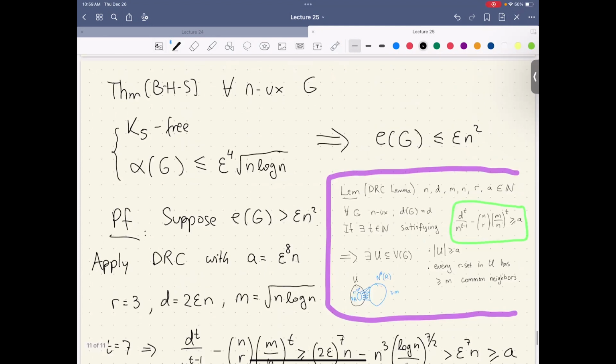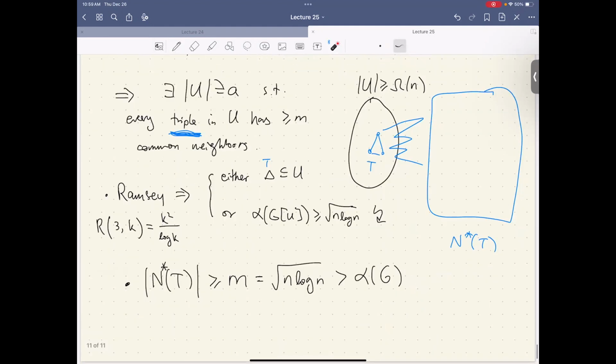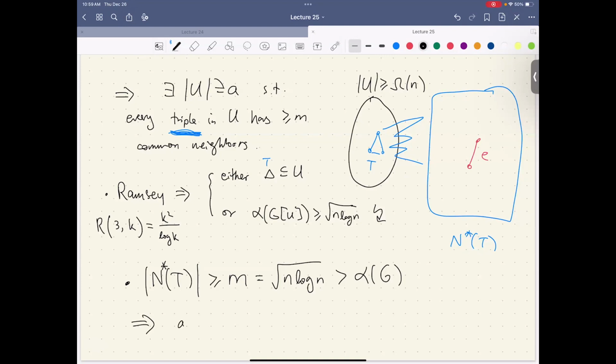Because our alpha of G is little o of square root n log n, that means there must exist an edge inside. And this edge E together with T will form a K5, contradiction. E plus T, you get K5. Let me be lazy and write it like this.